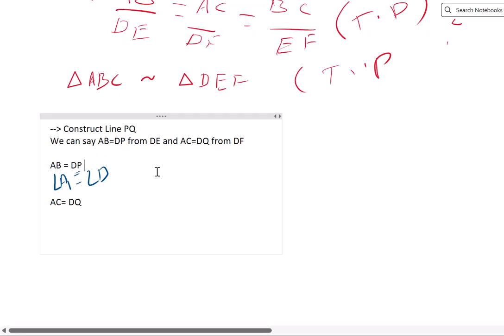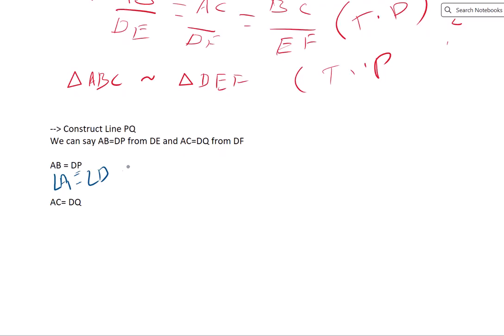This is side, this is side, right? This is side, this is angle, and this is side. So with this we are now going to the SAS rule.